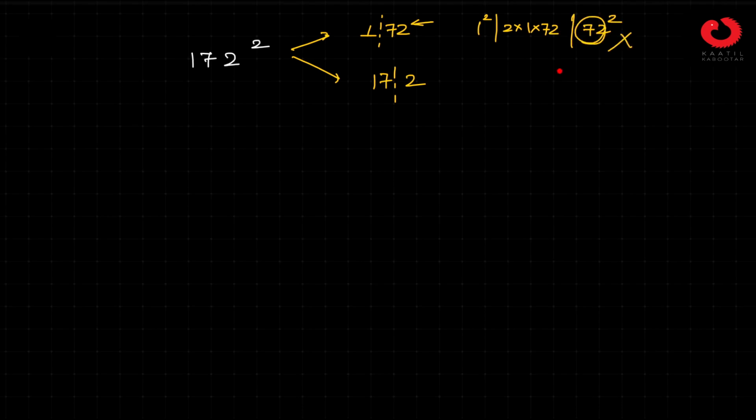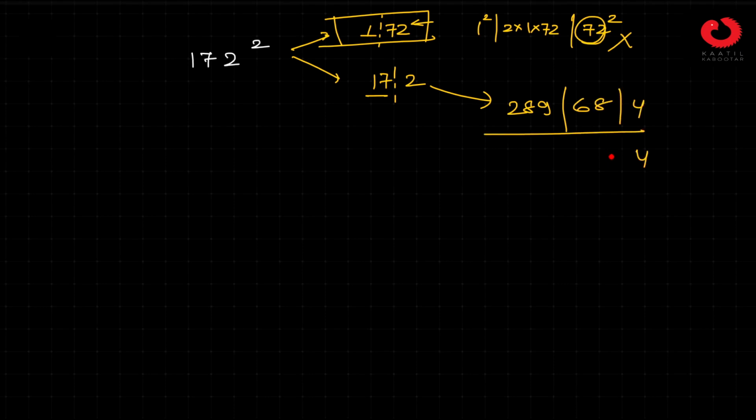So this 72 square you don't know. So this partition will be difficult, whereas this partition will be very easy. 17 square is 289, and then 2 into 17 into 2 means 68, and this will be 4, and then you can directly take 4, 8 and 6 will come here, it will become 29584. Very easily you can write the answer.